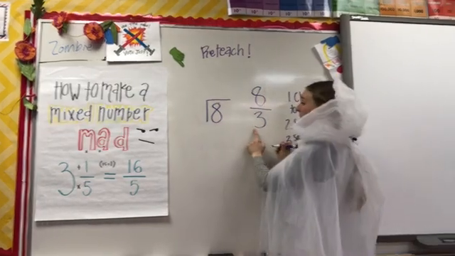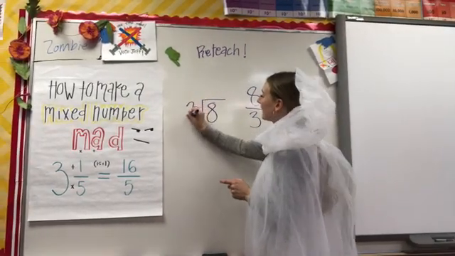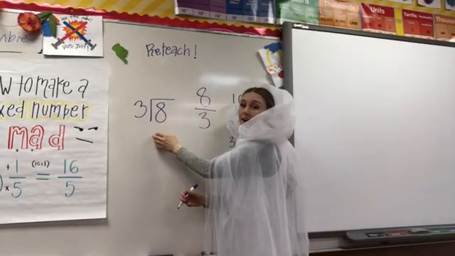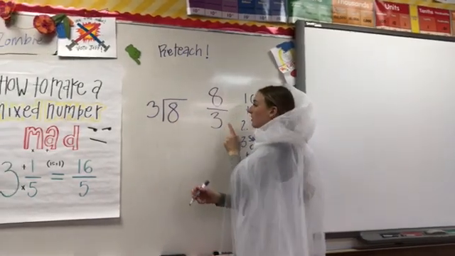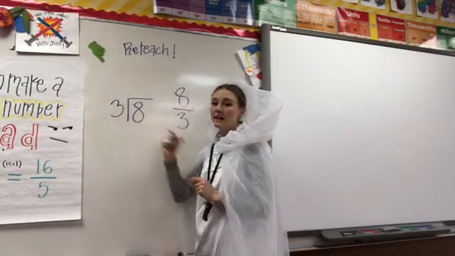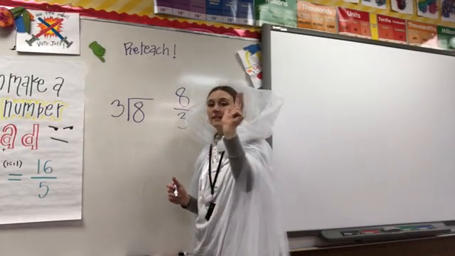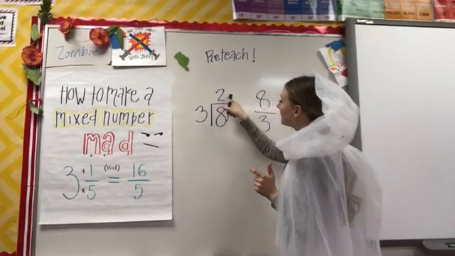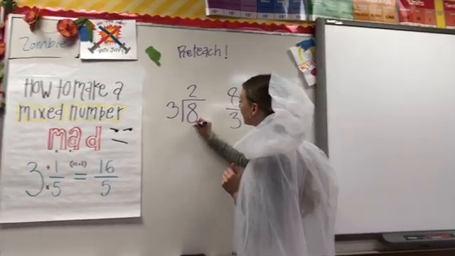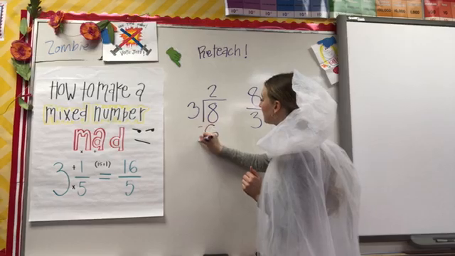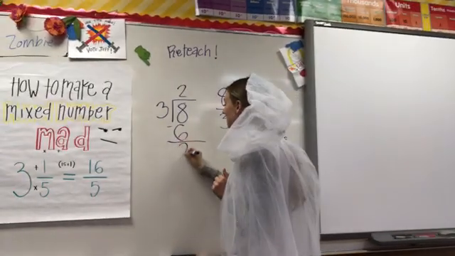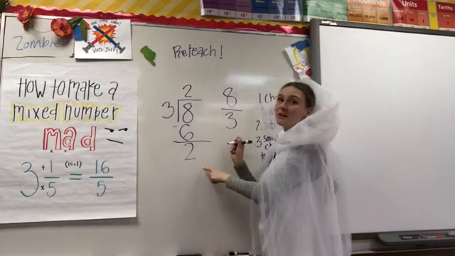Whenever you're going from improper to mixed, you have to divide. So think 8 divided by 3. 3 goes into 8 how many times? Well, 3, 6, 9. Oh, too many, go back, twice. 3 times 2 is 6. And then we subtract. What's 8 minus 6? It's 2.